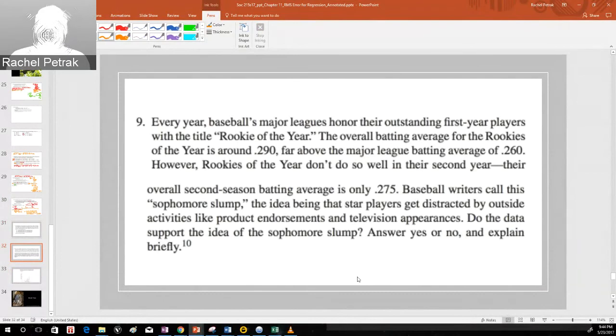We don't know how distracted these rookies were by product endorsements. We don't have any data on these. It's just an aside, but a really important one: you cannot bring in these other variables and attribute a causal connection to them.